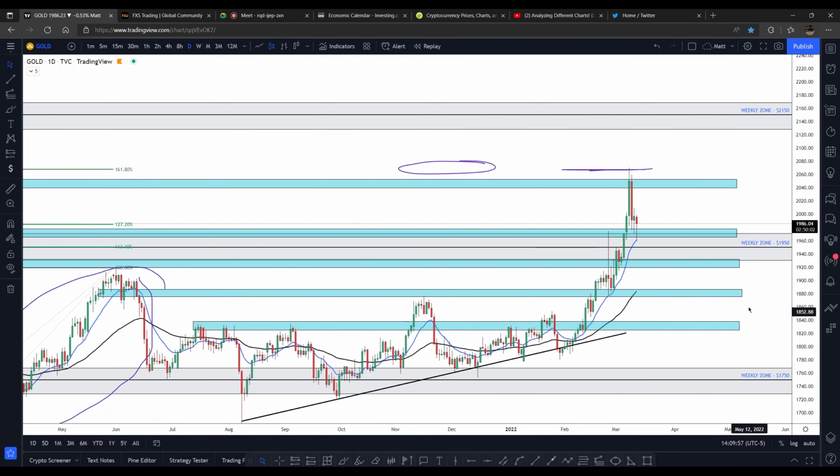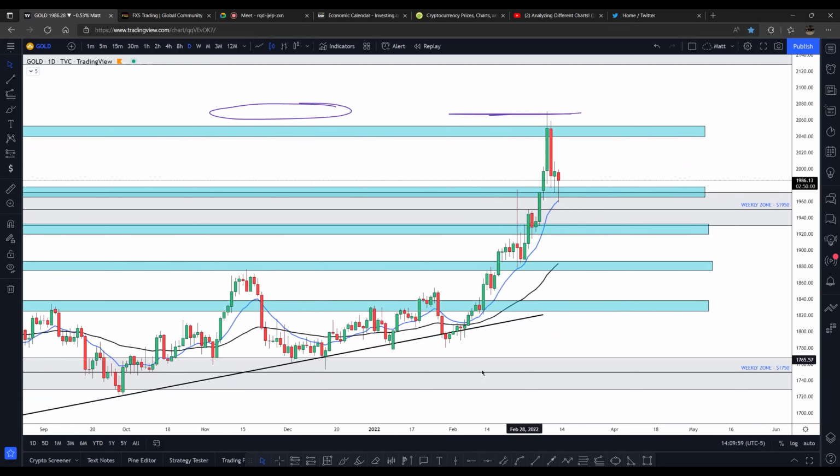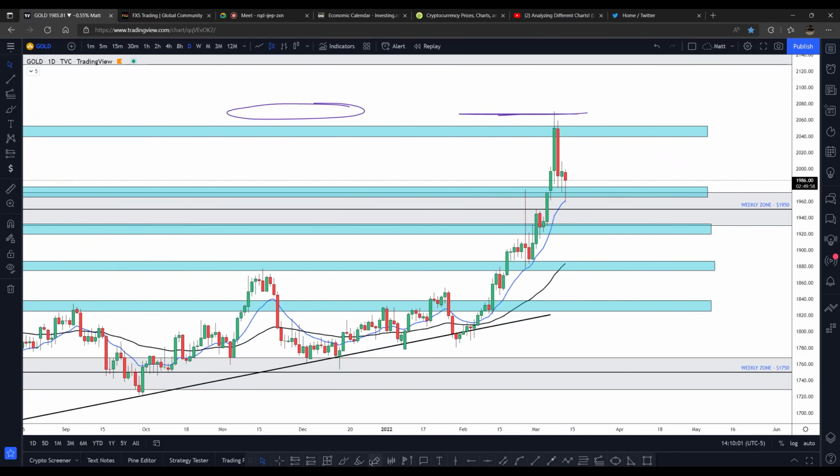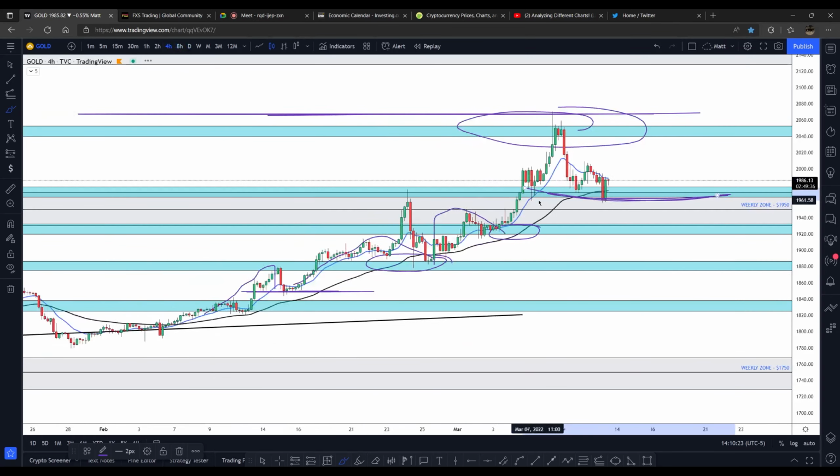We can see how the price action has been, for the most part, respecting them. When the price action finally broke out of this zone around 1830, 1840, we continued pushing higher. We retested the midpoint, pushed higher. We broke, retested the zone, broke, retested the zone, and then we rejected this one, and now we're rejecting this lower daily zone.